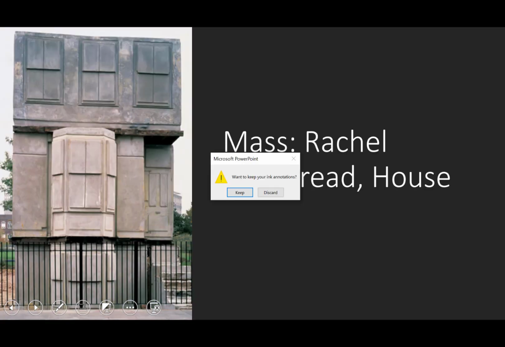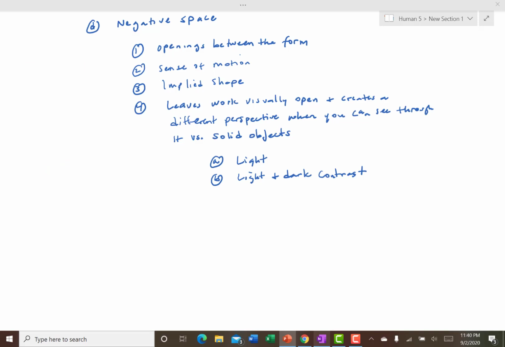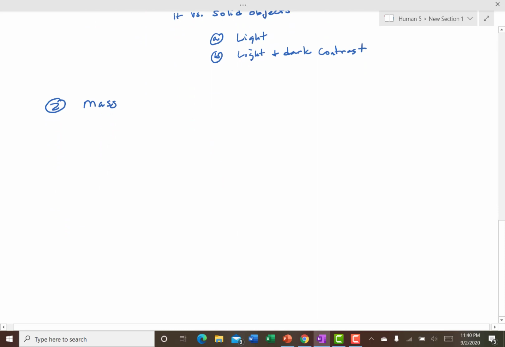Okay, let's go to mass now. The next one we're going to look at, which again goes with volume very much in how you observe and use and look at art, has to do with mass.